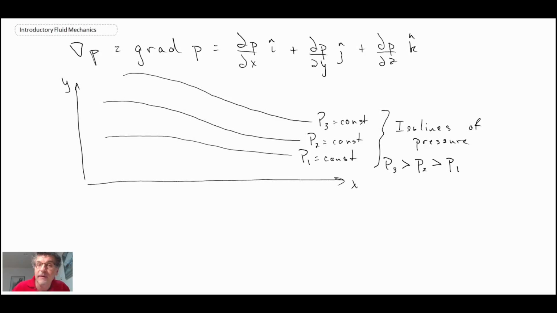Gradient lines are going to be everywhere perpendicular to the isolines. So the gradient lines are going to do something like this. Every place they're normal to our isolines. And so those are gradient lines.